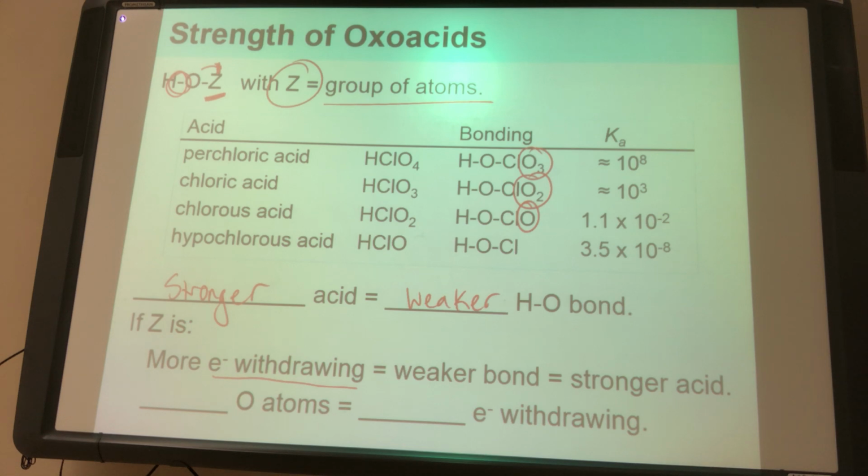So, what this means is the more I have a chlorine and 3 O's, there's a lot of things that are electronegative pulling it over. The more electron withdrawing groups, the weaker the bond, the stronger the acid. So what we could say is the more oxygens, the more electron withdrawing groups, the more electron withdrawing, the stronger the acid. Okay? So more oxygens, more electron withdrawing, stronger the acid.